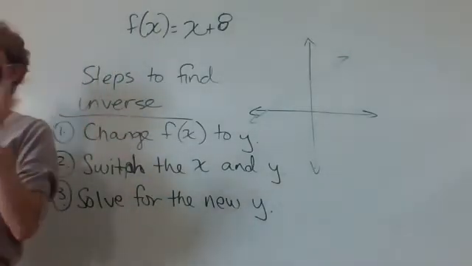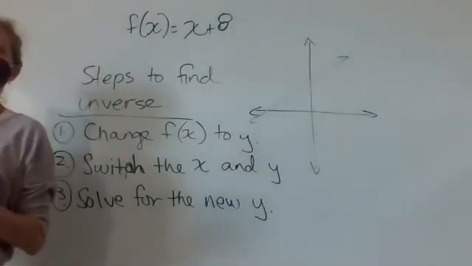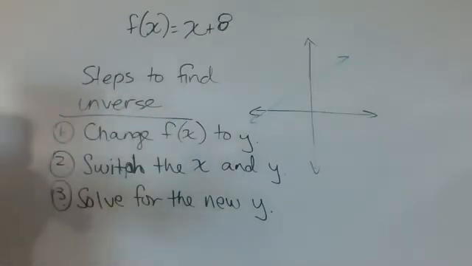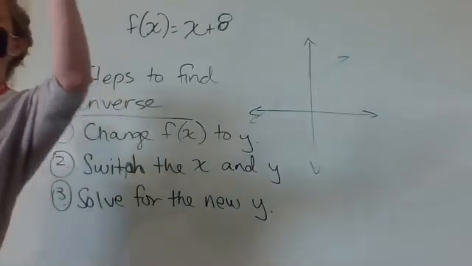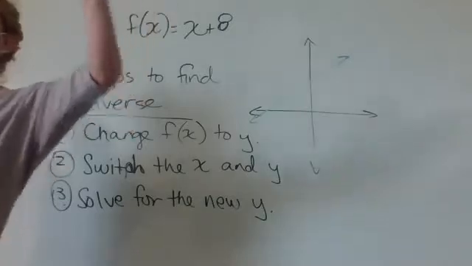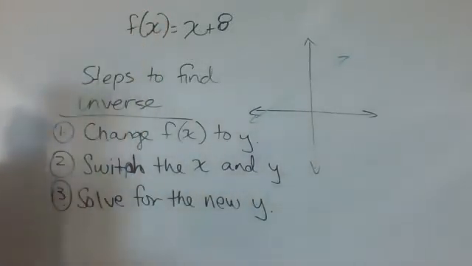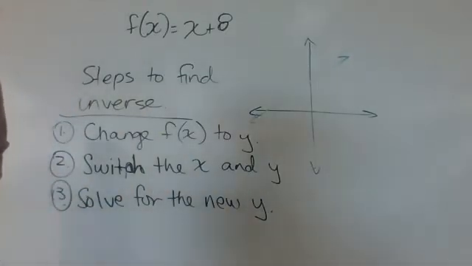Remember, f of x and y are the same thing, so just write it as y. Then, like we did on number 1 and 2, you're going to switch the x and the y. Once you switch the x and the y, then wherever your new y is, you're going to solve for it, which means get it by itself.